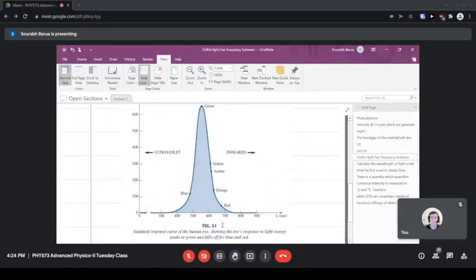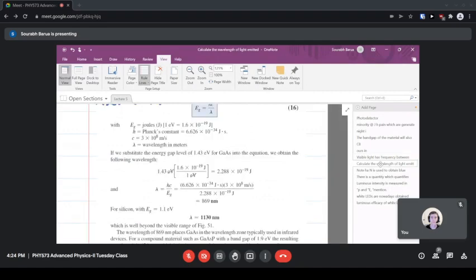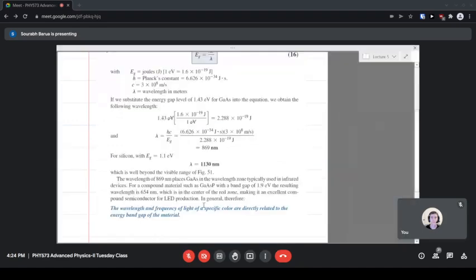You can see 654 will be somewhere in this range, between orange and red, the center of the red zone. So you can use gallium arsenide phosphide as a red LED.